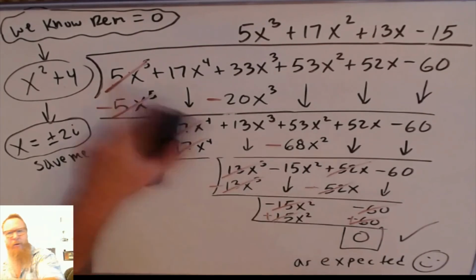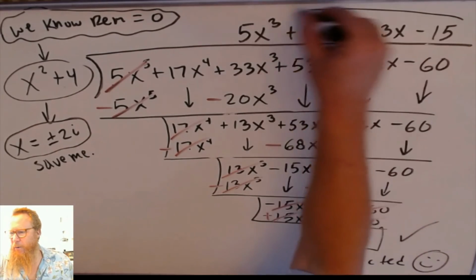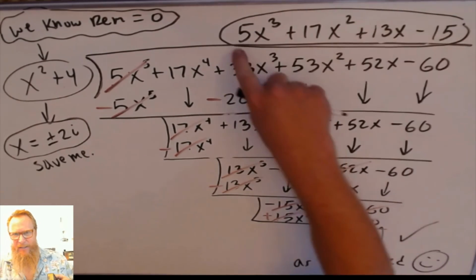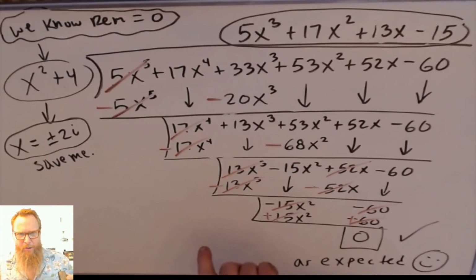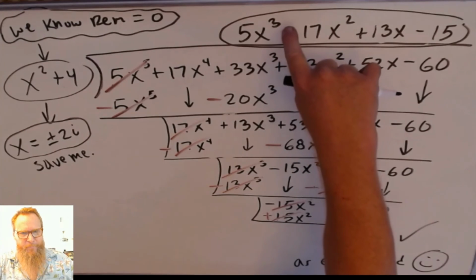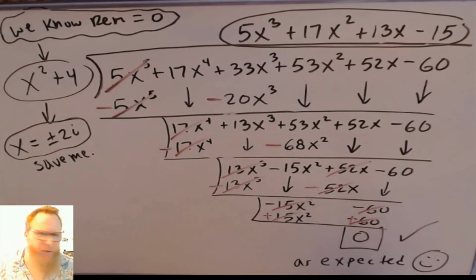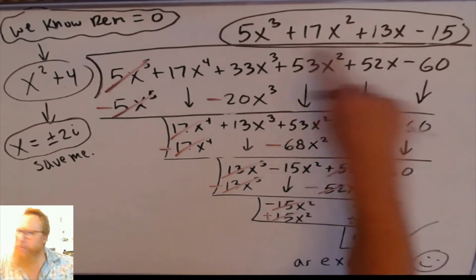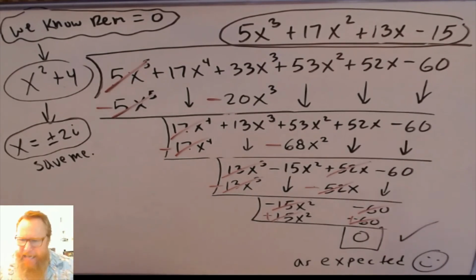And now I'm going to erase all of this, and I'm now going to say q of x, that's our quotient, is much smaller now. It's a cubic. And in the homework, there's tons of cubics. So if you can solve this cubic, you can solve any cubic.